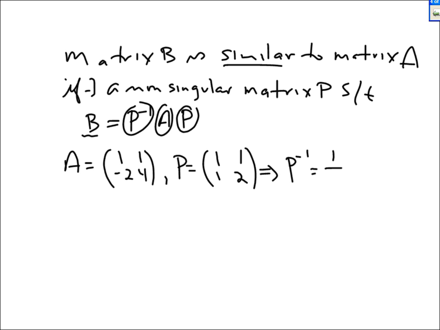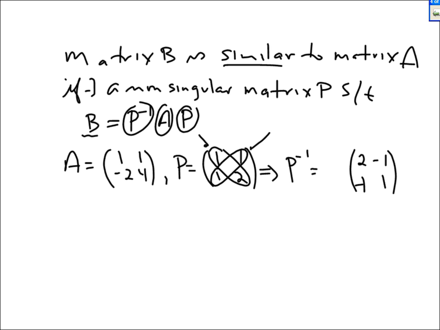It's 1 over the determinant. 1 times 2 is 2. 1 times 1 is 1. 2 minus 1 is 1. 1 over 1, don't worry about. Switch the positions on the main diagonal. Instead of 1, 2, it's 2, 1. And on these entries, leave the numbers where they are, but change their signs. And you don't even have to multiply by the 1.